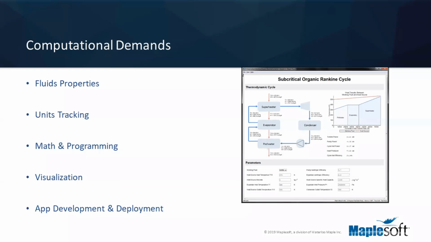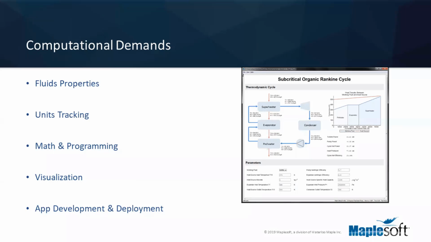Now, to support the application of these concepts, you need calculation software with a number of pretty well-defined features. These could include a fluid properties engine that you can use in your mathematical analysis. You need mathematical functionality such as numeric equation solving, integration, and optimization. Visualization is important as well. You might want to use units in your analysis, and you'll want the ability to document your work as well.